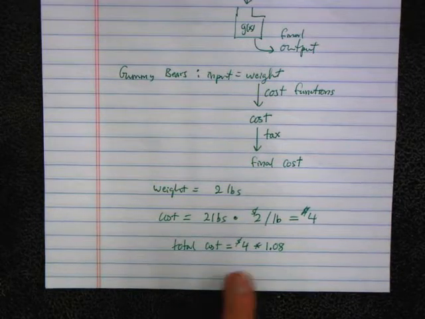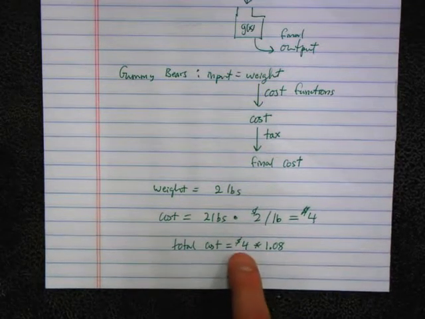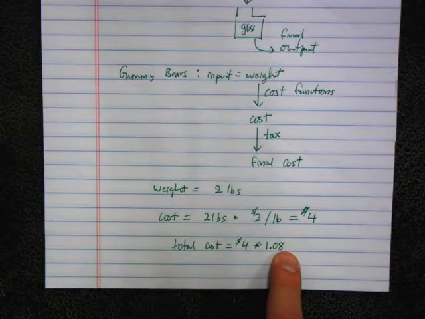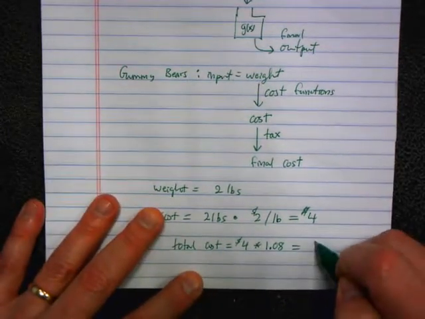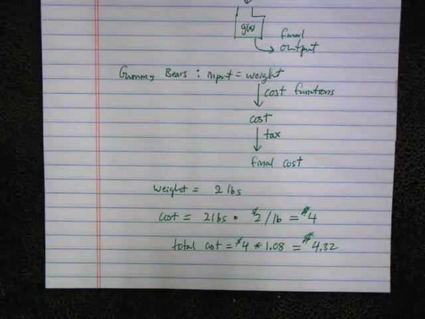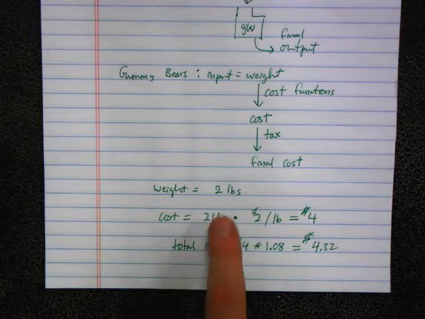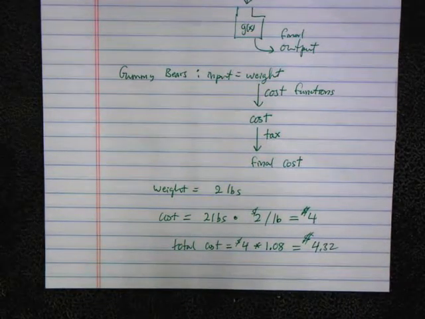Well, what happens when I take the $4 and I multiply it by 1? That's still the $4. And then what happens when I take the $4 and I multiply it by the 0.08? That adds the tax on. Right. So this would be, I think, $4.32. And so there's an example of function composition. We start with the weight, we figure out the cost. From the cost, we add the tax, and that gives us the total cost.